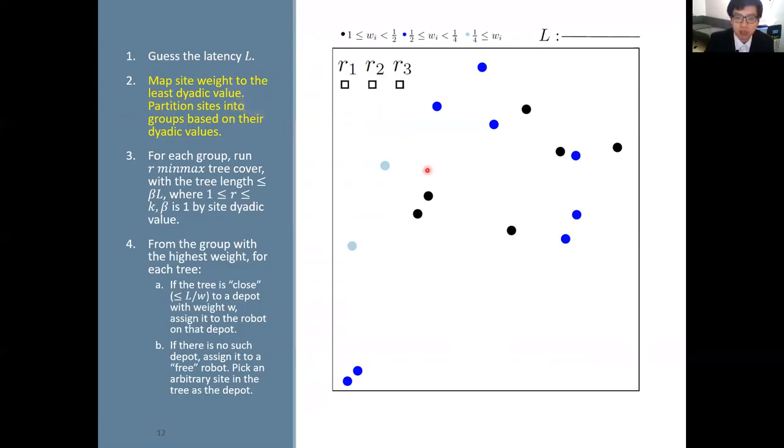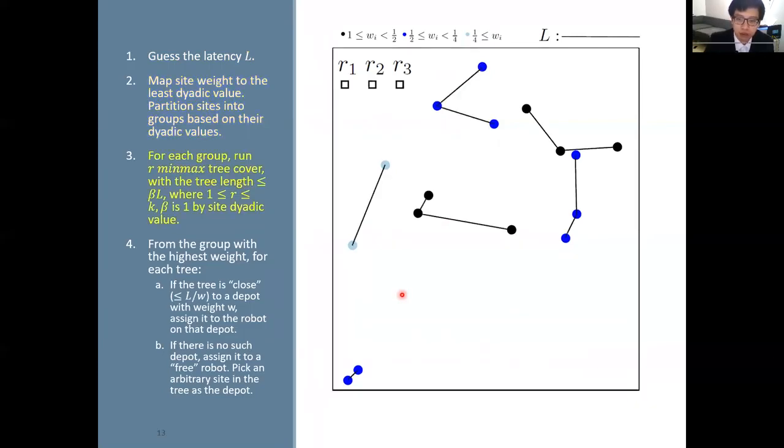So let's say right now the highest weight is 1, and the smallest weight is 1/4. So to map it to the dyadic value, here we map it into 3 different groups. The black one is the highest weight from 1 to 1/2, and the blue one from 1/2 to 1/4, and this light blue one we have 1/4.